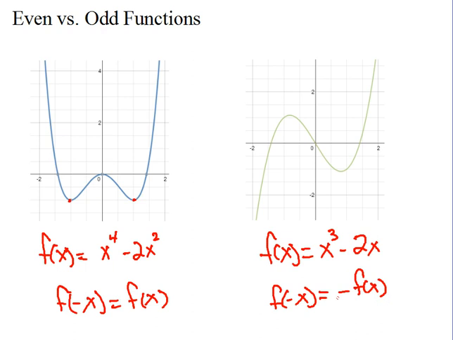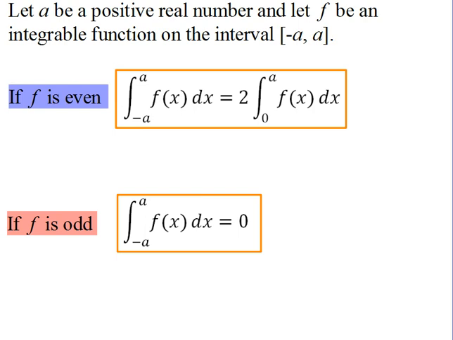We're going to talk about some properties of even and odd functions when it comes to integrals. First off, let a be a positive real number, and f an integrable function on the interval from negative a to a. If f is even, then when we integrate from negative a to a, we can use that symmetry to our benefit.